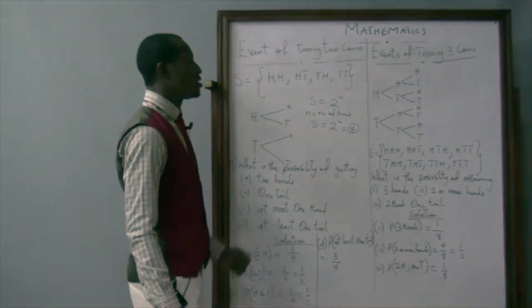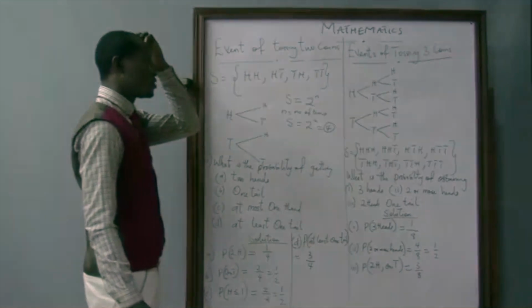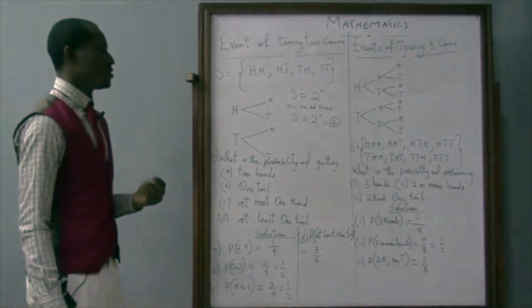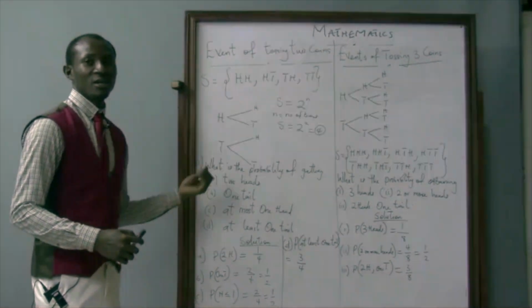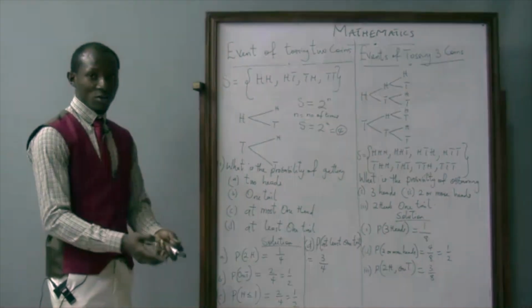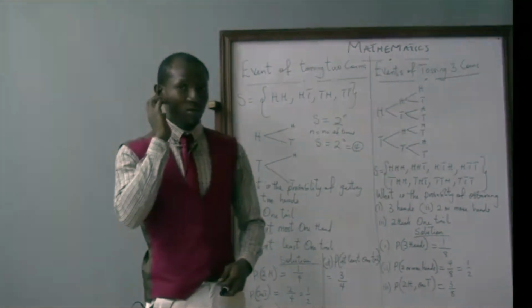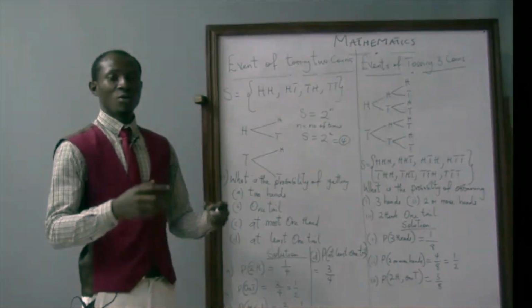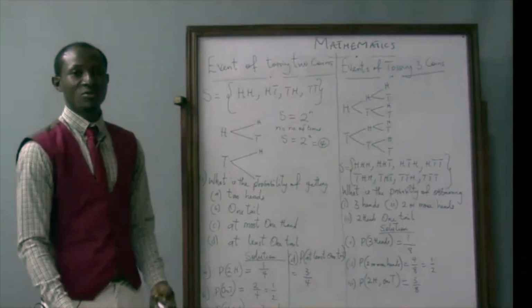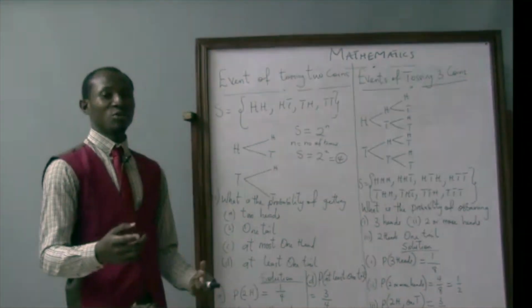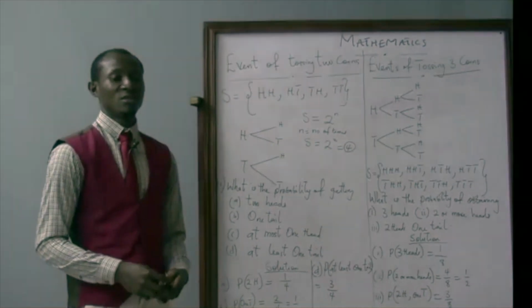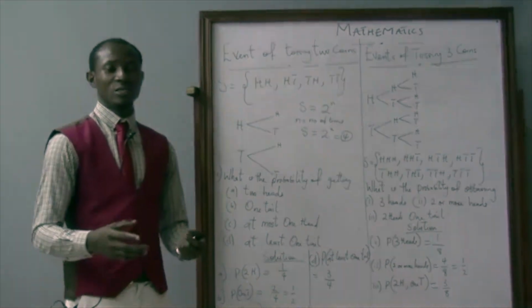So the next one is the event of tossing 3 coins. Just like I said here, if you toss 3 coins once, we have the same result. If we toss 1 coin 3 times, we still have the same result. When we get to the event of throwing dice, you understand, because there is this Ludo game.